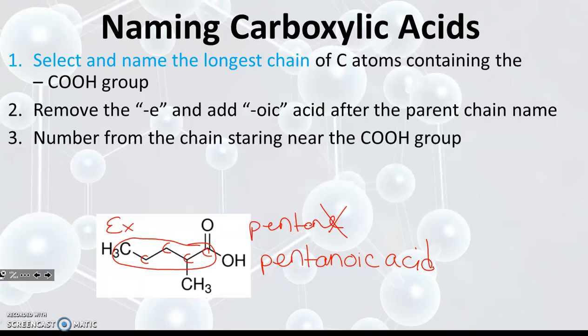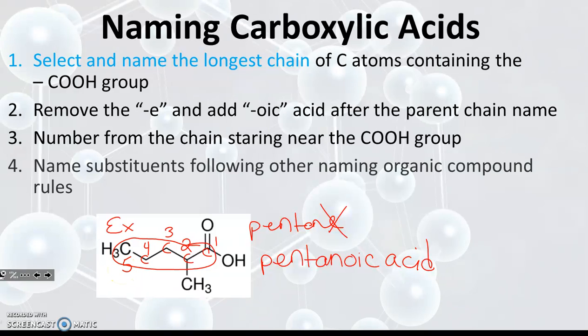Then what I would do is start numbering from the carboxyl group, and then to the left in this case, so 1, 2, 3, 4, 5. And then any side chains, we would do the same as we did before and put their names in front of this. So this methyl group would make it 2-methyl pentanoic acid.